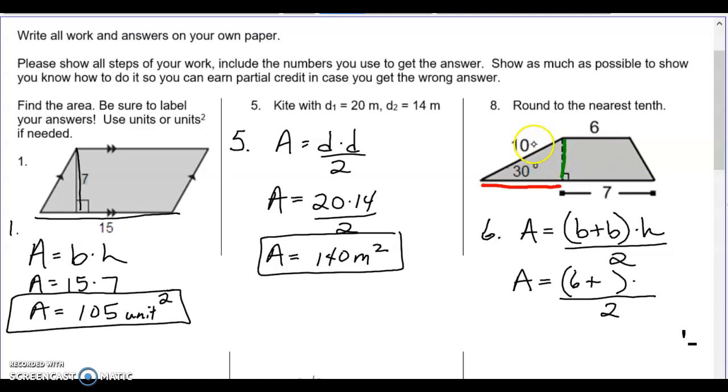So the side across from the 90 over here is 10. That would be my large. So the green height would be the side across from the 30. So that would be my small. So if the large is 10, the small would have to be 5. It's half. So I now know the height of my trapezoid, so I can fill in a 5 there.